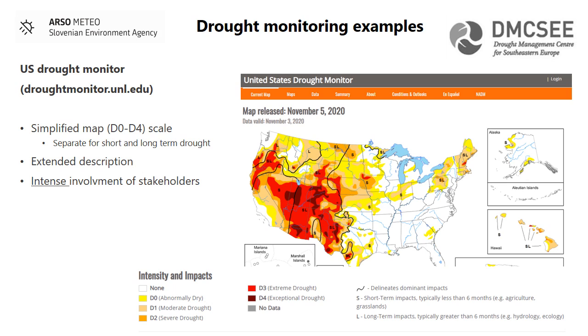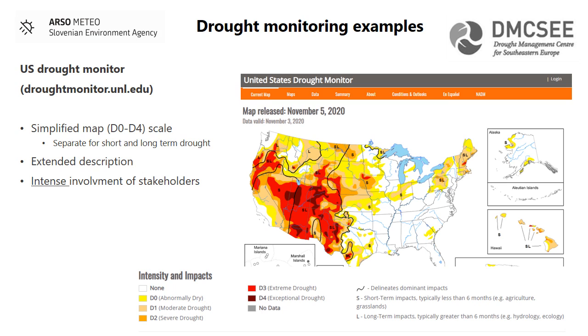That means exceptional drought and devastating impacts. Of course, at first glance, this might seem oversimplified, but as you will see in the next slides, it can be very informative.